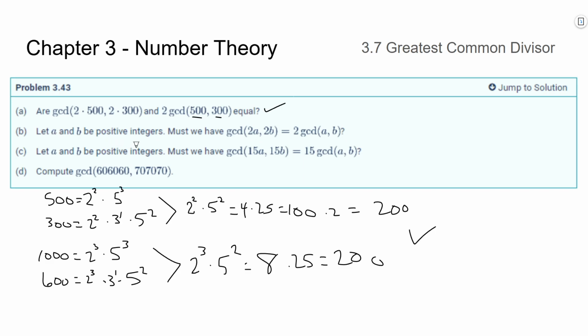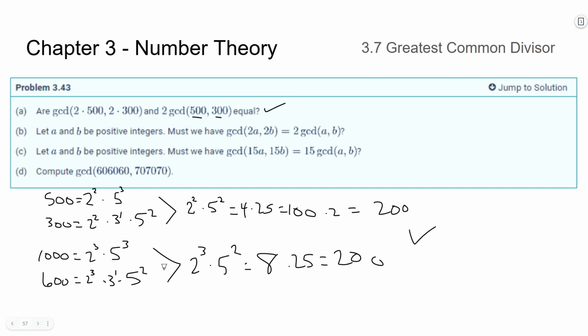So let A and B be positive integers, must we have GCD of 2 times A and 2 times B equal to 2 times the GCD of A and B? Well, just like we did for our LCM, it's going to be the same thing. We can show that by knowing that whatever the prime factorization is for A, when we have 2 times A, it's just going to add another factor of 2.